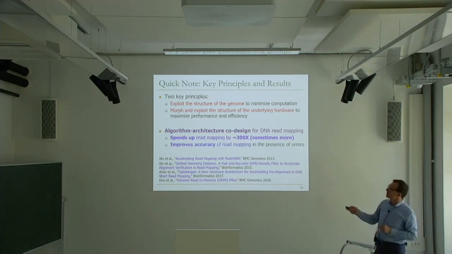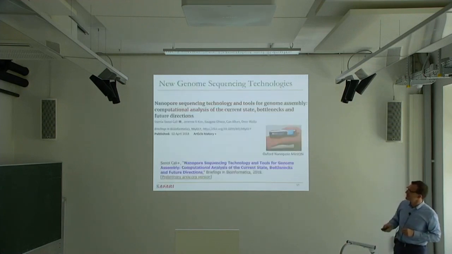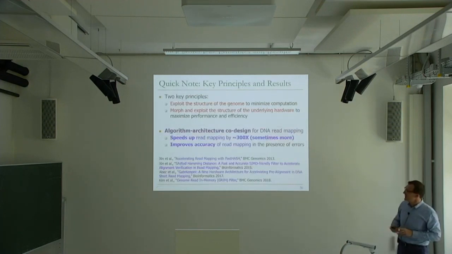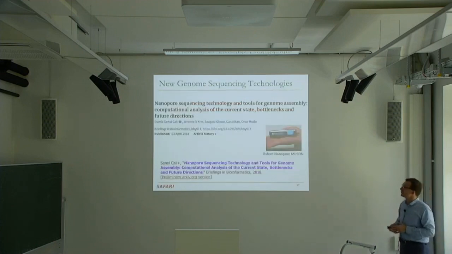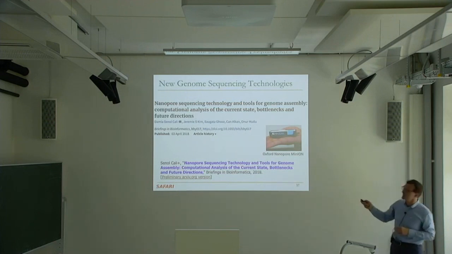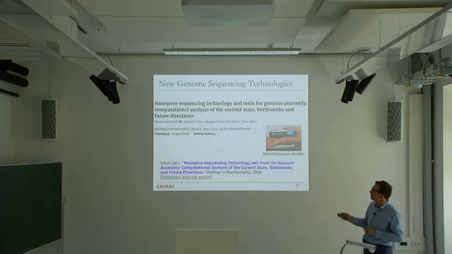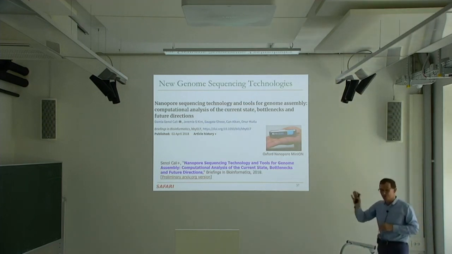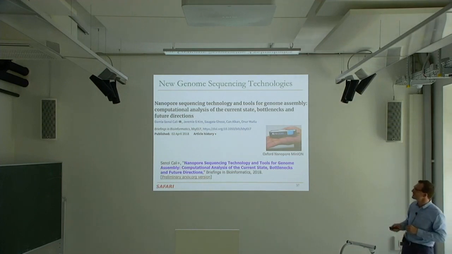And it improves the accuracy of read mapping in the presence of errors because of the algorithmic changes. And I think this is becoming even more interesting going forward because of these devices that now exist that didn't exist before. If you really want to know about these devices and the bottlenecks, we recently wrote this paper surveying the tools that work on these devices. I'd be happy to talk about that separately if people are interested in this.